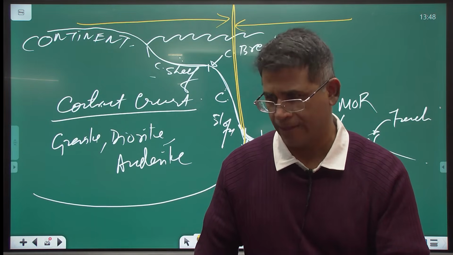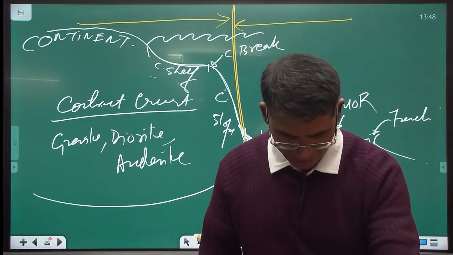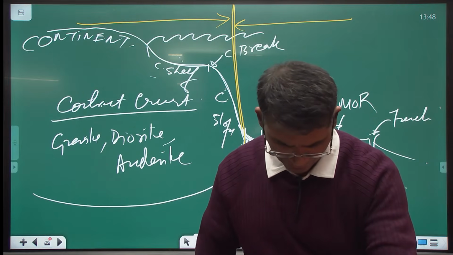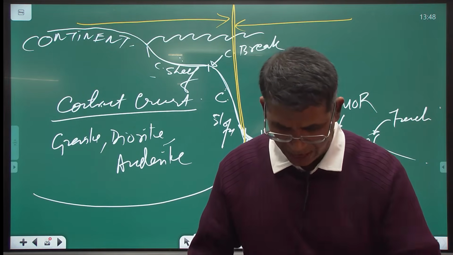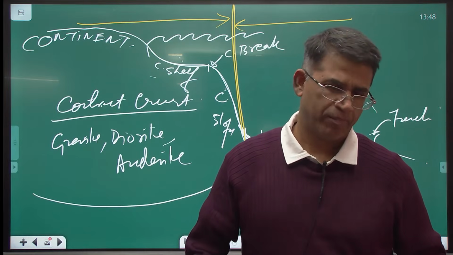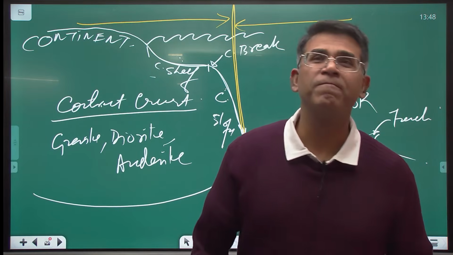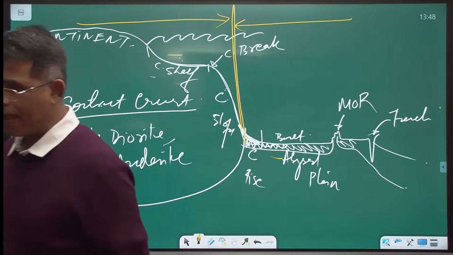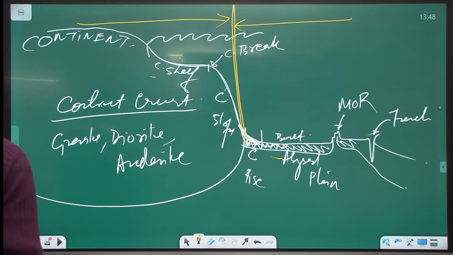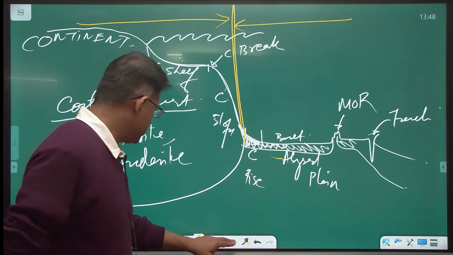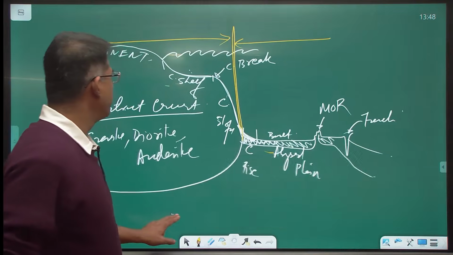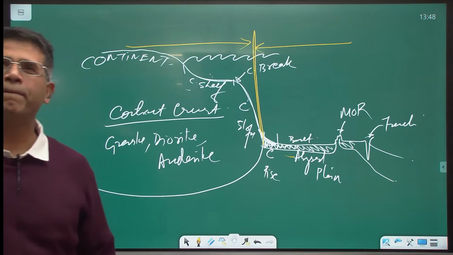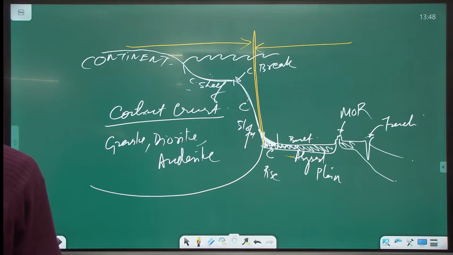Whereas the abyssal plains are the oceanic crust. The abyssal plains are the oceanic crust. Yeah, please draw this diagram. Take all of you.